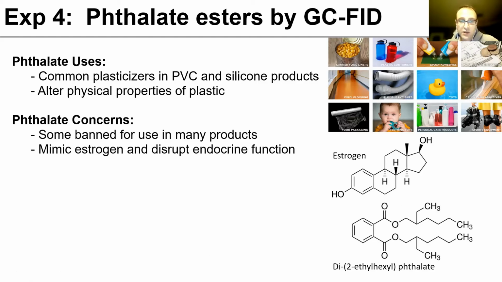So what most studies have shown is that these phthalates can disrupt endocrine function in humans and other animal systems. So this leads to things like changes in some of the organs in our bodies that are involved in endocrine regulation, as well as a lot of reproductive impacts.